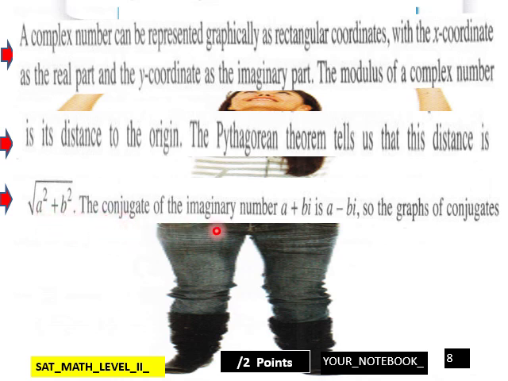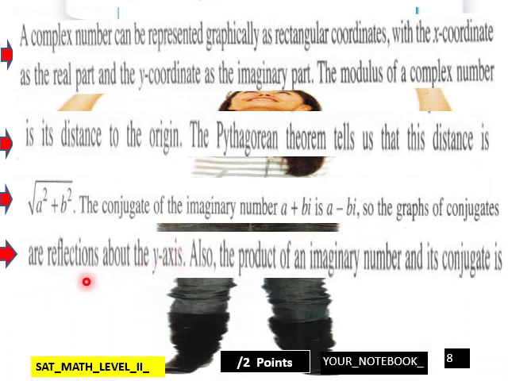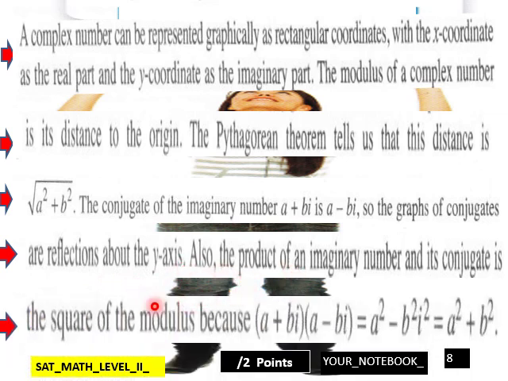The conjugate of the imaginary number a plus bi is a minus bi, so the graphs of conjugates are reflections about the x-axis. Also, the product of an imaginary number and its conjugate is the square of the modulus, because a plus bi times a minus bi equals a squared minus b squared i squared, which equals a squared plus b squared. So that's how you get that.